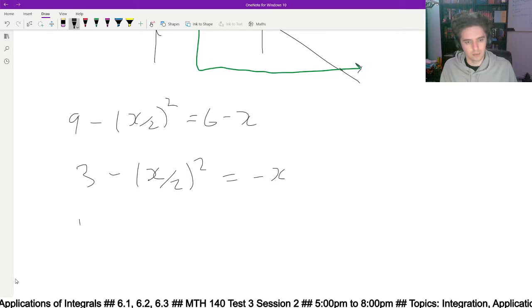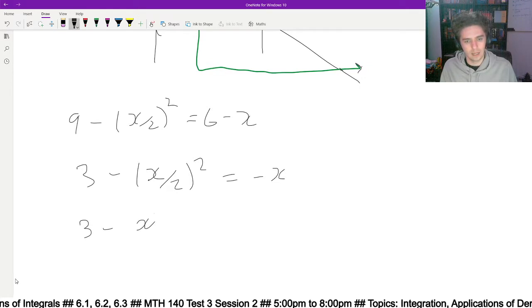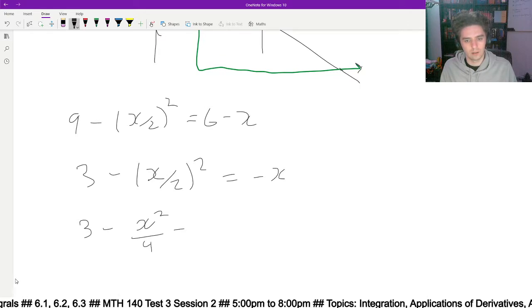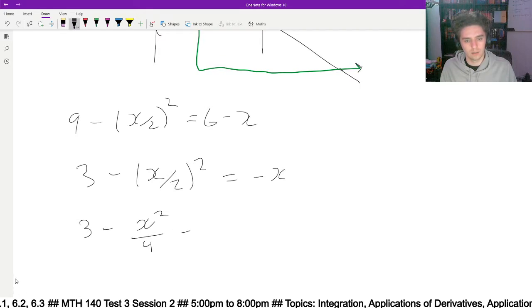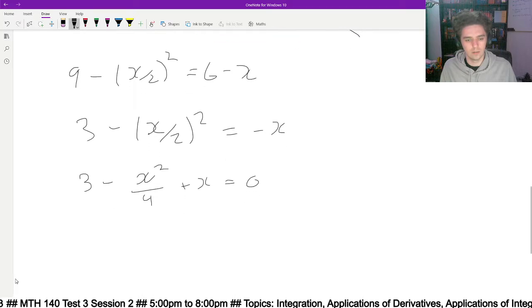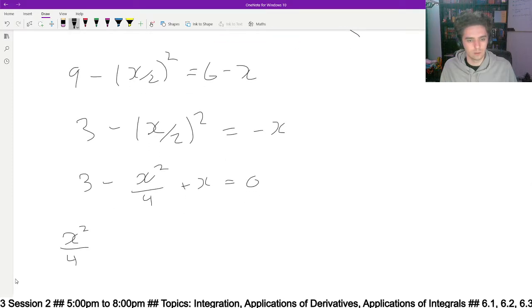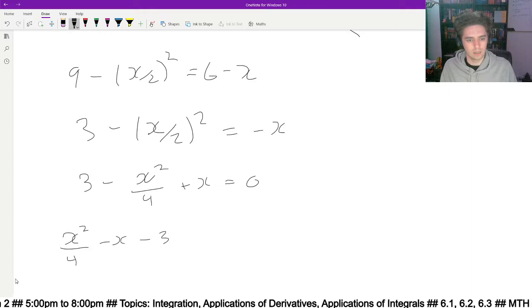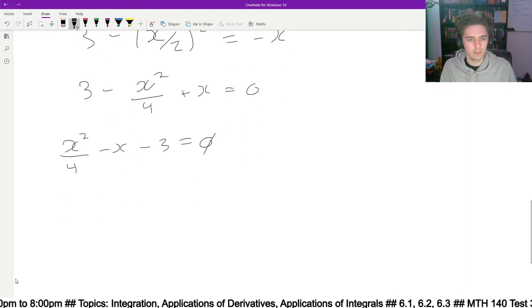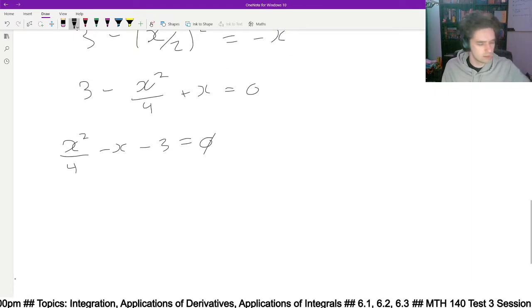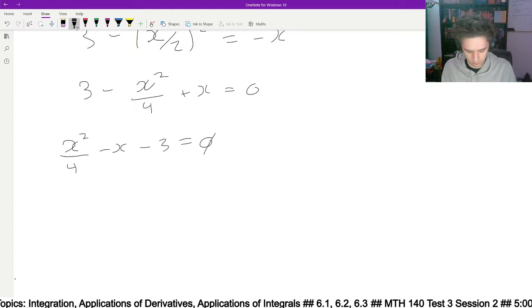So it's going to be 3 minus x squared over 4 plus x equals 0. Just rearrange this a little bit. So it's going to be x squared over 4 minus x minus 3 equals 0. And plugging that into the quadratic formula.